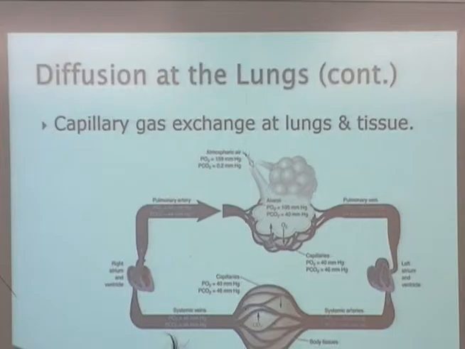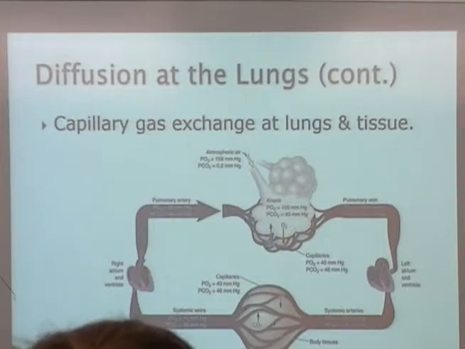So I can move oxygen out of the lung tissue into the bloodstream. And then if we look at the vein coming back to the heart, the partial pressure now is 100. So it goes from 40 to 100, picks up lots and lots of oxygen as it moves through the lungs.